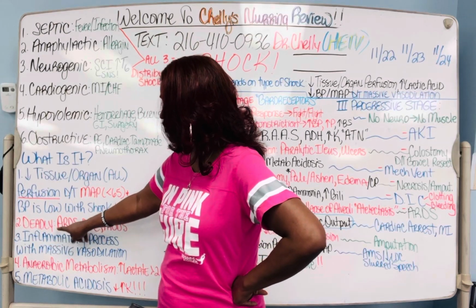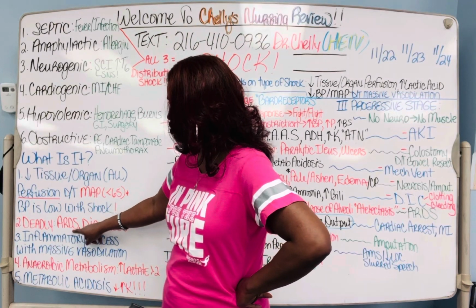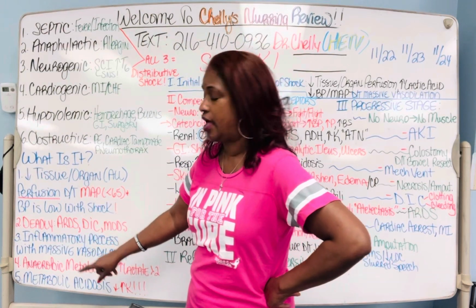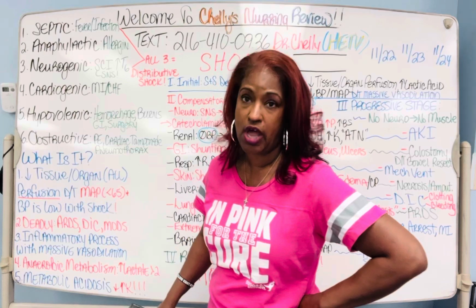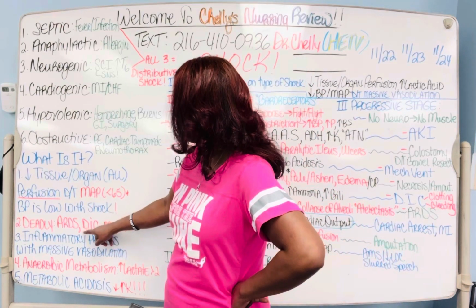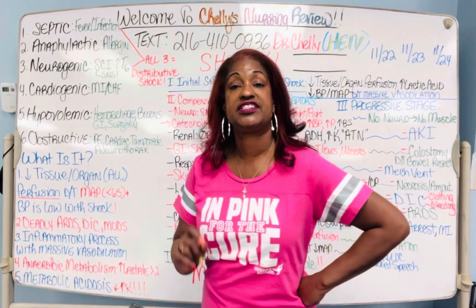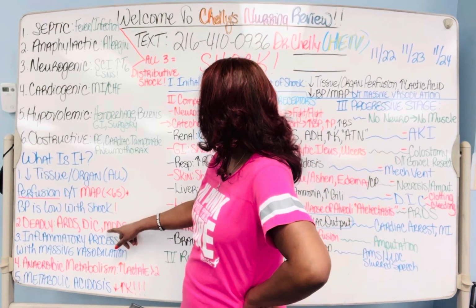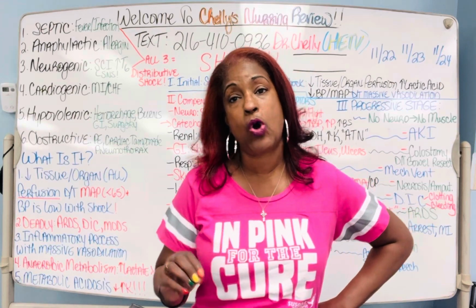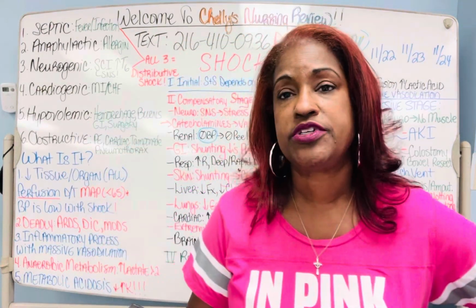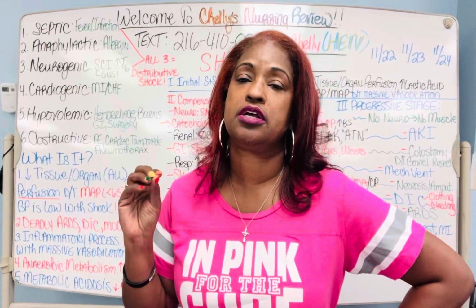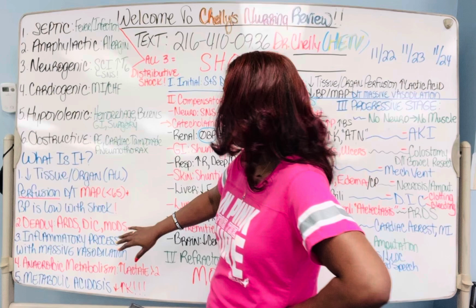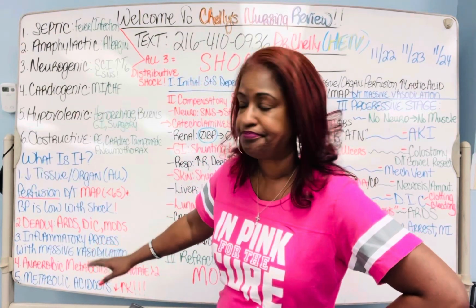Well, you could die from acute respiratory distress syndrome, that's ARDS, or you could die from DIC, disseminated intravascular coagulation, or you could die from MODS, which is multiple organ dysfunction syndrome, okay? So that could be the cause of your death, or worse, all of them, okay?